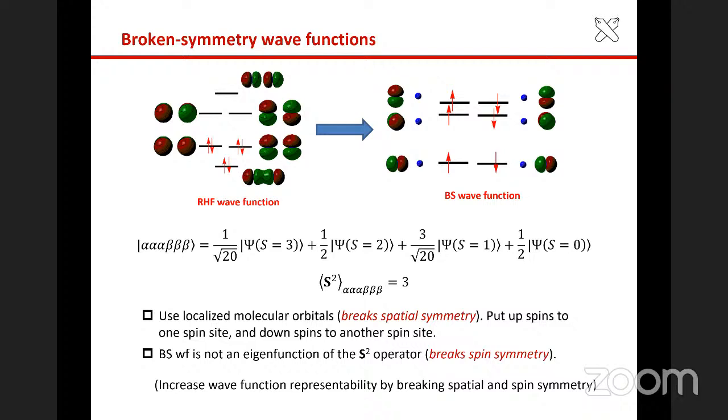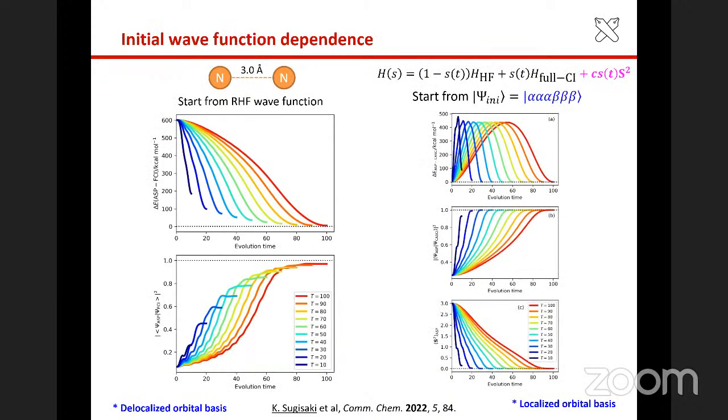So in order to use this kind of broken-symmetry wave function as an initial wave function in ASP, we have to introduce this penalty term. Roughly speaking, the singlet, triplet, quintet, and septet states have almost the same energy in the absence of this penalty.